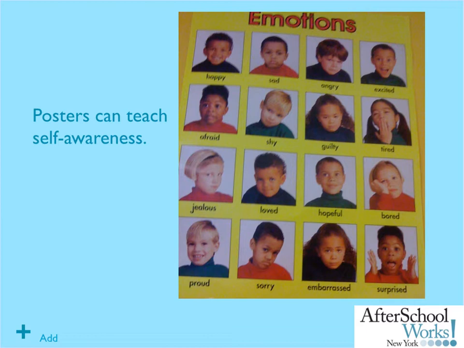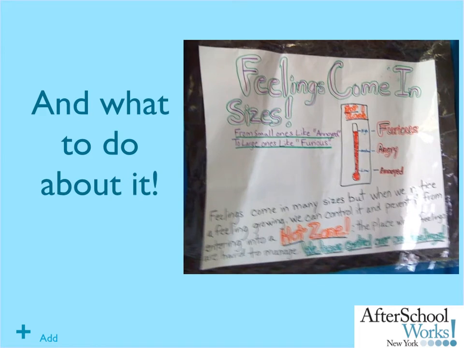To help kids understand that they can be a whole lot more than just happy or sad or mad. They can also be excited and guilty and loved and sorry and surprised and a whole range of emotions. And posters can also help kids figure out what to do with those feelings.